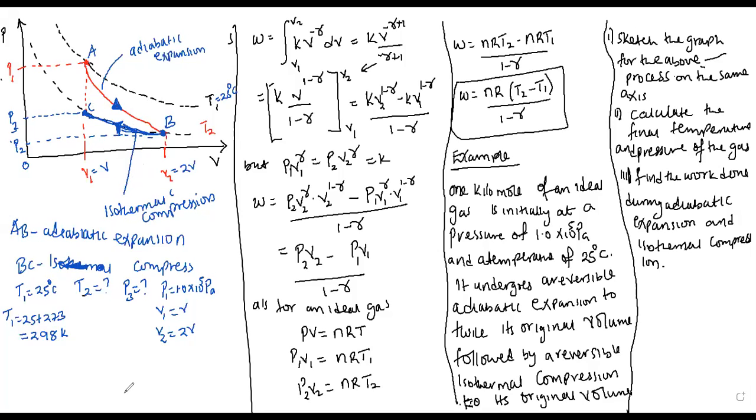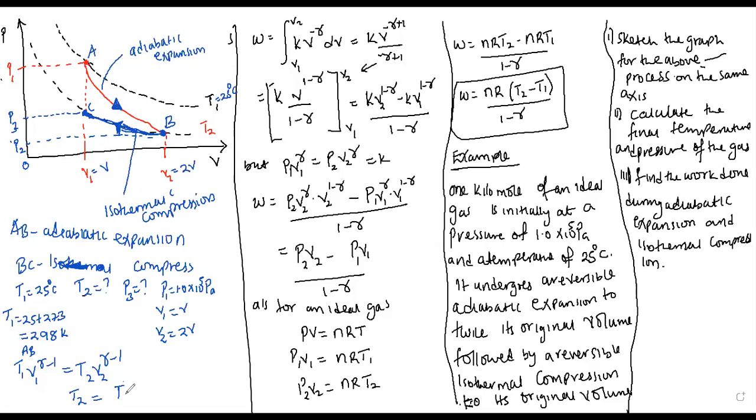Okay, so with that, the first question wants us to find what? We have sketched the graph. Secondly, calculate the final temperature and pressure of the gas. From T1, if I consider AB, T1 V1 to the gamma minus 1 is equal to T2 V2 to the gamma minus 1. I can find T2.